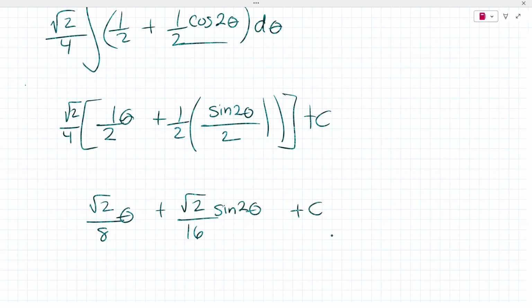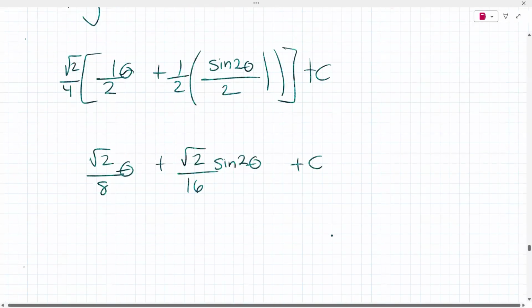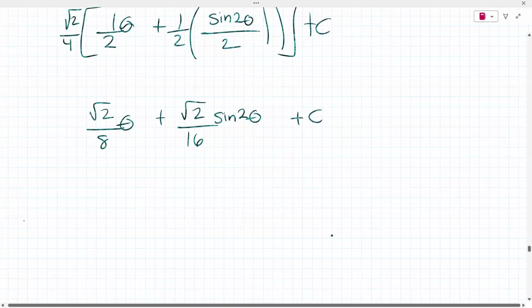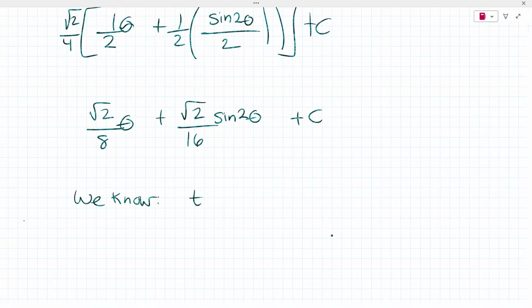Let's see. This can't be our answer because we need it in terms of x. So we've got to convert it to x. So what do we know? We know tan theta is the same thing as x over radical 2. And then if you want to solve for theta, you multiply both sides by tan inverse.